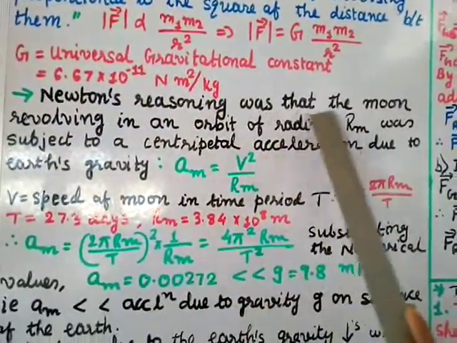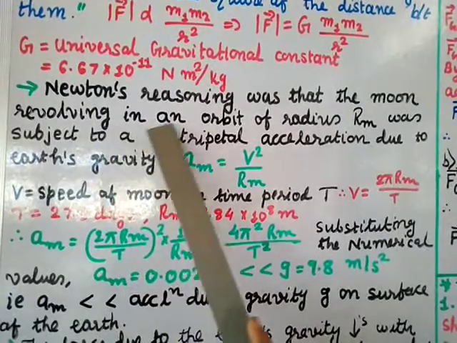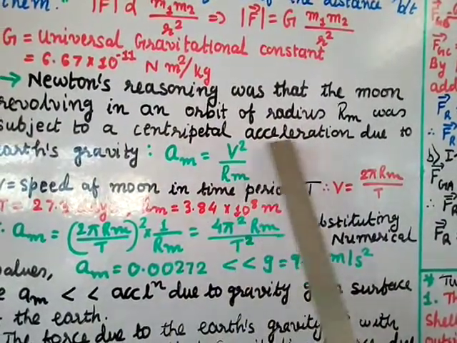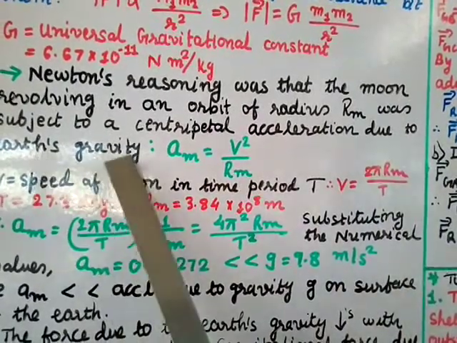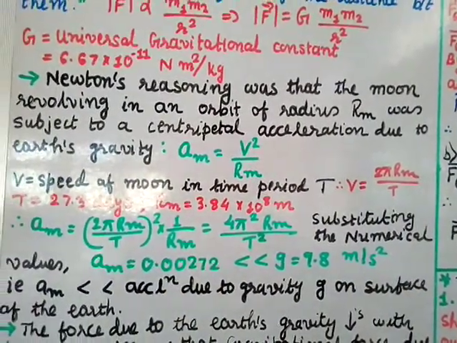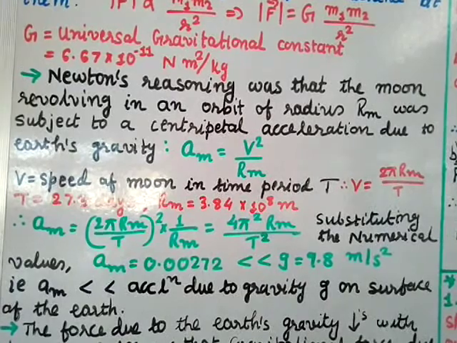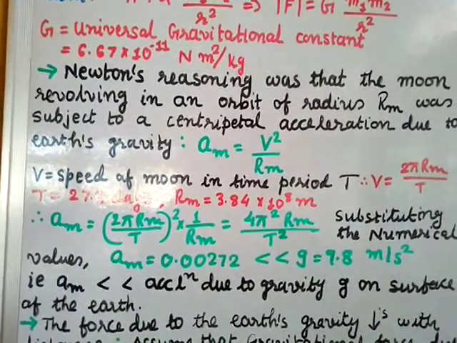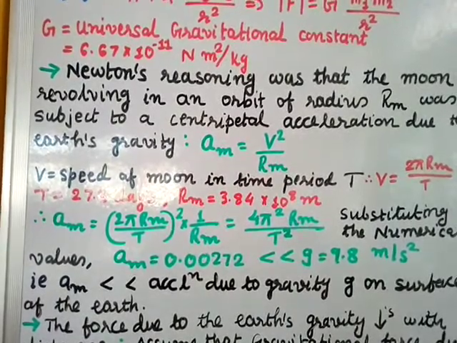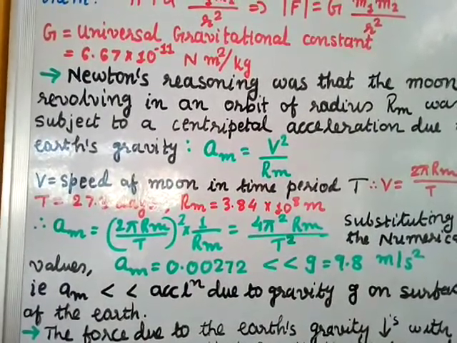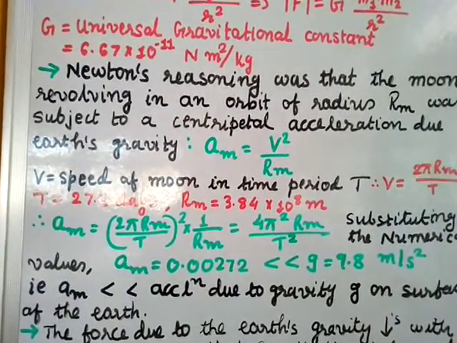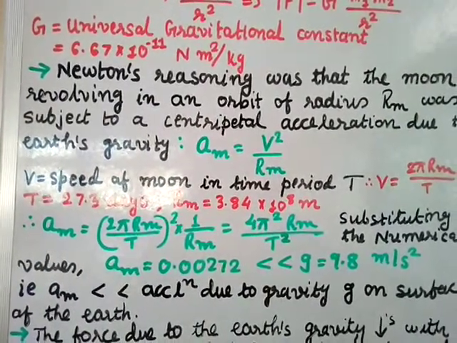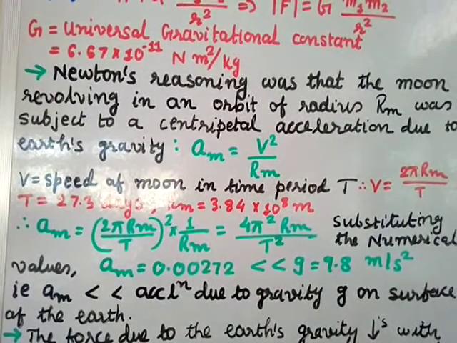Newton's reasoning was that the moon, revolving in an orbit of radius Rm, was subject to a centripetal acceleration due to Earth's gravity. Now we have studied that if any object is revolving in an orbit of some radius r, then there is a centripetal force, and the object which is moving in a circular motion will have the centripetal acceleration, given by a equals v square by the radius.